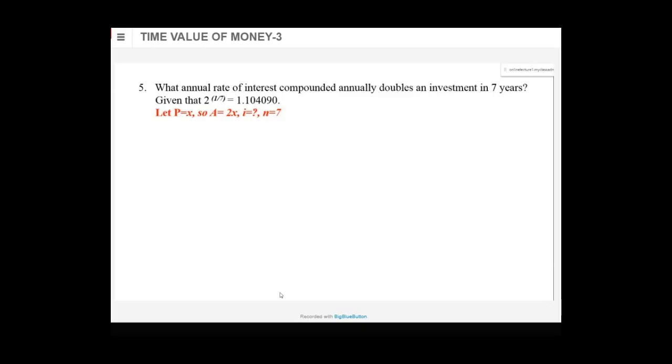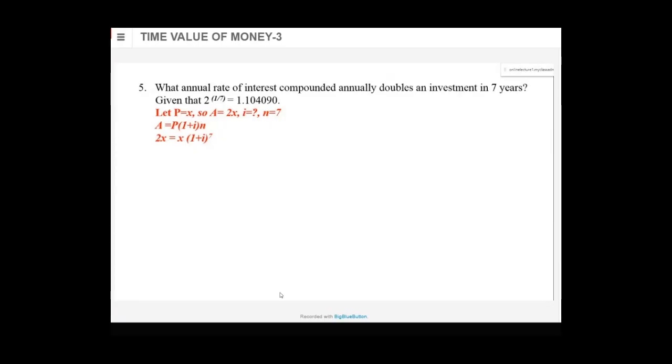N is the number of years, 7 years. Compounded annually, so it will remain the same. Then that formula, see here, raised to N. It should be A is equal to P in bracket 1 plus I raised to N. It's not into N, raised to N. So now I'm substituting the value. 2X is equal to X in bracket 1 plus I raised to 7.